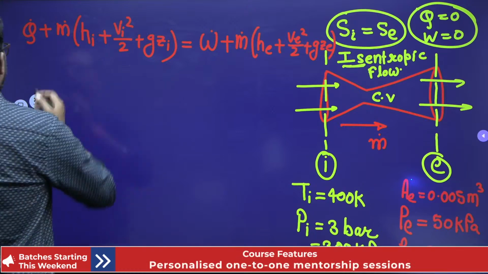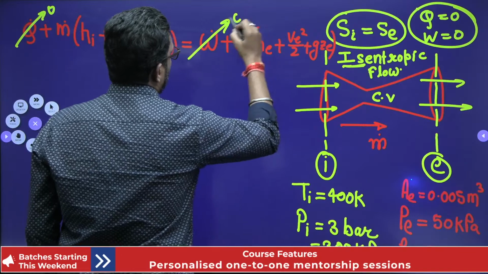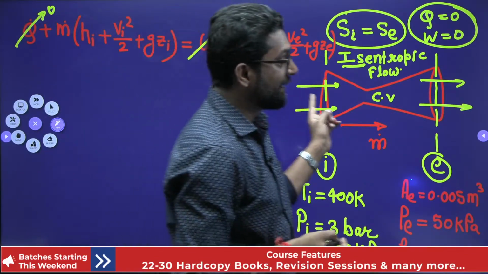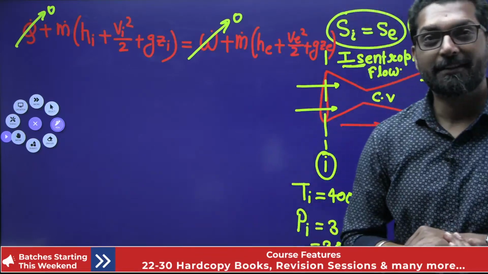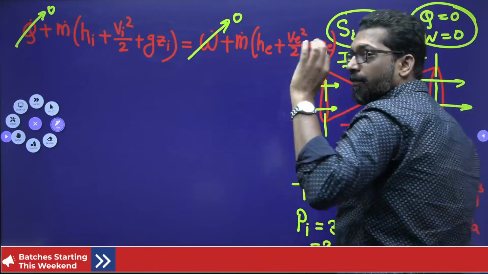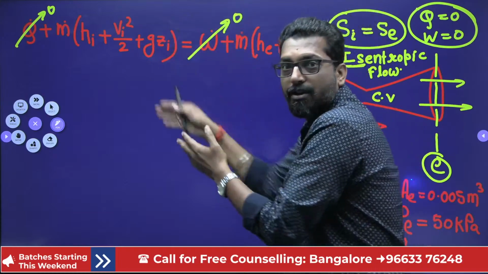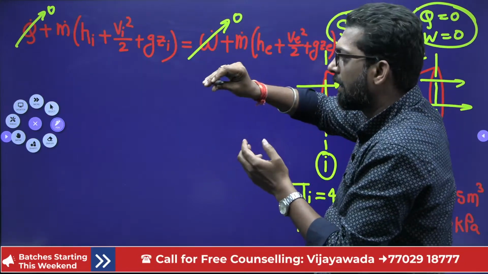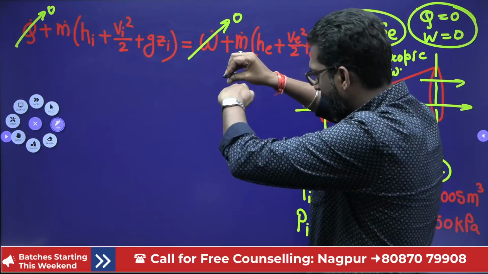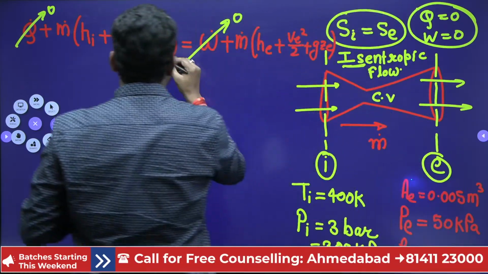Now there is no heat transfer and no work transfer, but we cannot say there is no change in kinetic energy. We can assume a horizontal nozzle installed in the reservoir, so the head from the datum level is the same at inlet and exit. So we can assume the potential energy change is also 0.